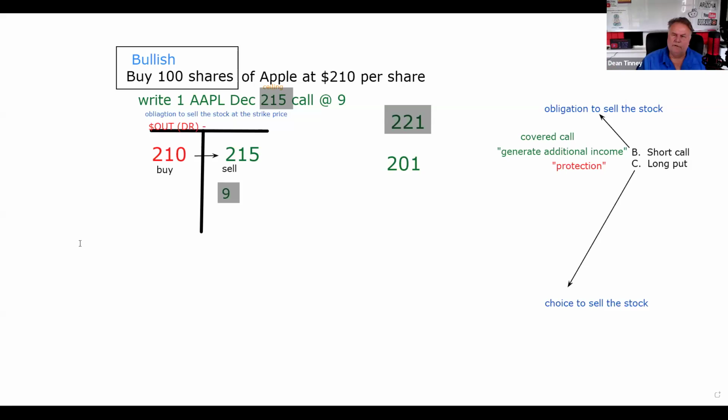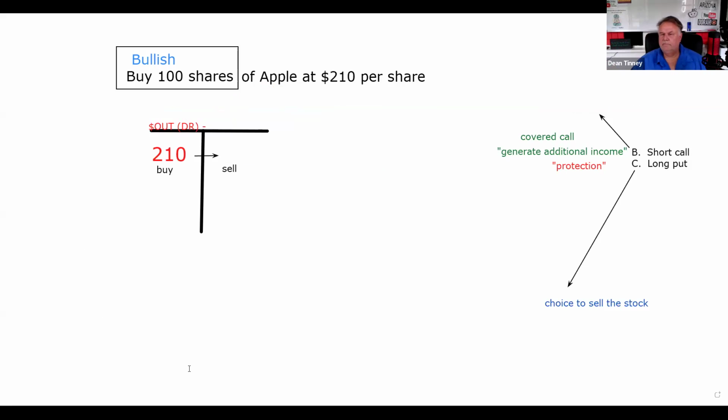So here's our board, that's our initial setup. I showed you a covered call. Now I'm going to show you a protective put, a put that is protecting the stock position.